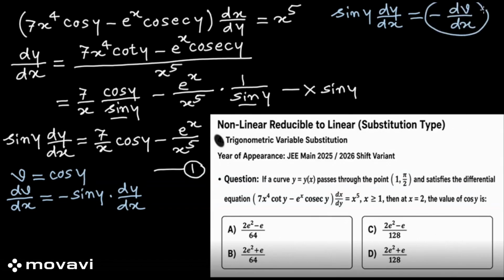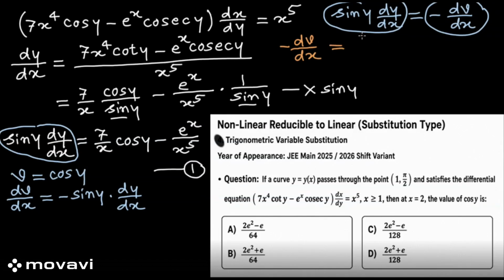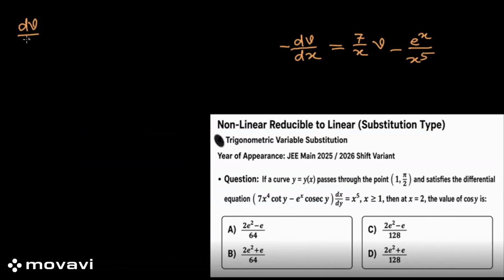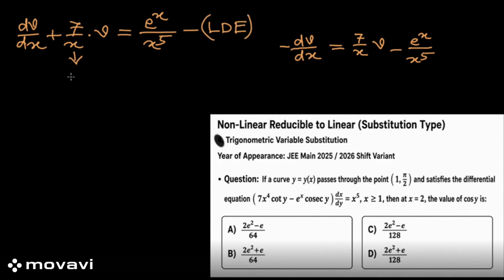We will use this value of sin y dy by dx here and write minus dv by dx equals 7 upon x v minus e^x upon x^5. By changing signs, this will be dv by dx plus 7 upon x into v equals e^x upon x^5. This is a linear differential equation where 7 upon x is P(x) and e raised to x upon x^5 is Q(x).